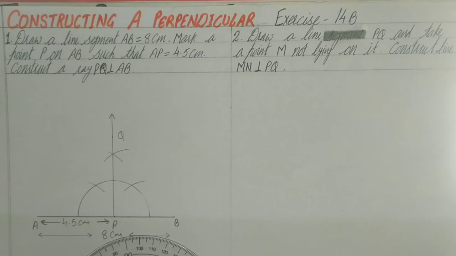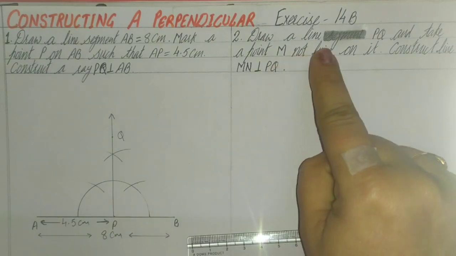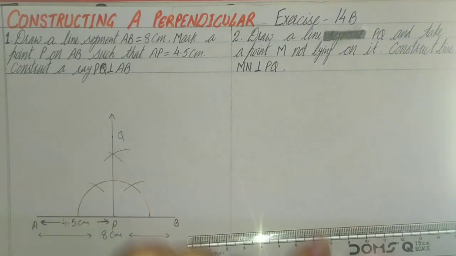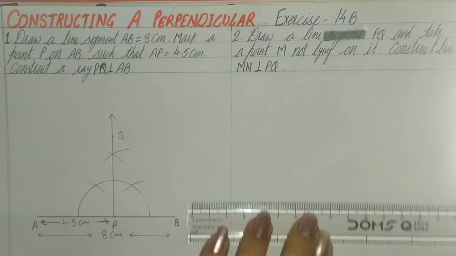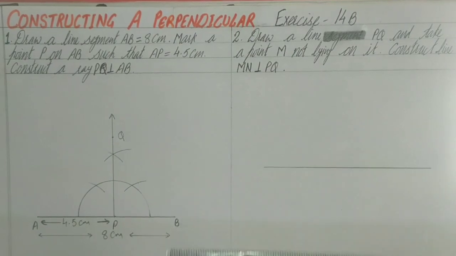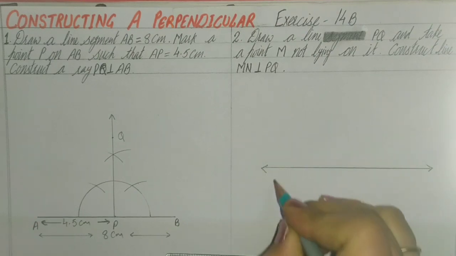Okay. Now moving to the second question. Here, draw a line PQ. In the first we have drawn a segment. Now we have to draw a line. Draw a line, say PQ.